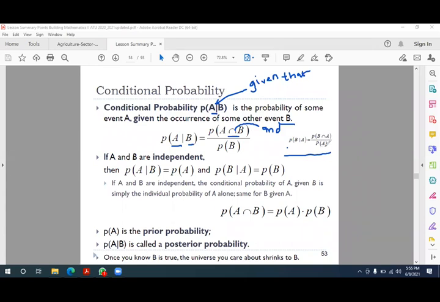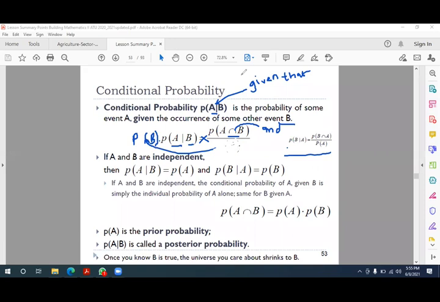So basically, we can also write, if we do cross multiplication, that this P of B will come here, which will give us P of B times this one, whilst at this point, it will go away. I hope you are following. So if we do cross multiplication, this is how it will look like.